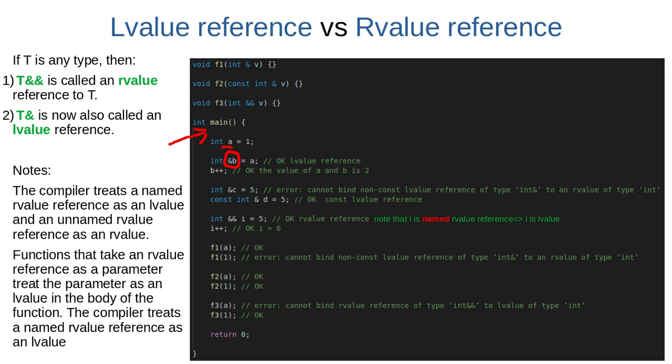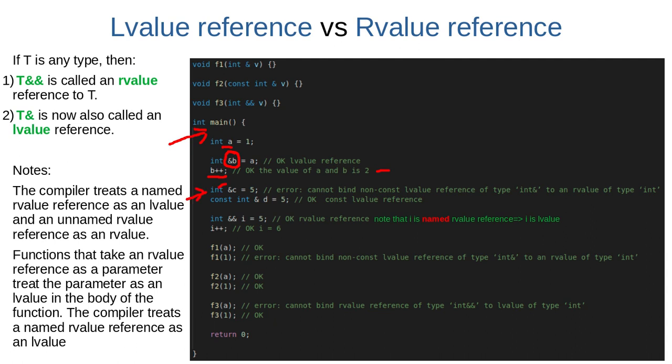It's like an alias. b is an alias to a. b++, this operation is allowed, and after this both b and a, because they have the same memory address, both values will be equal to 2.